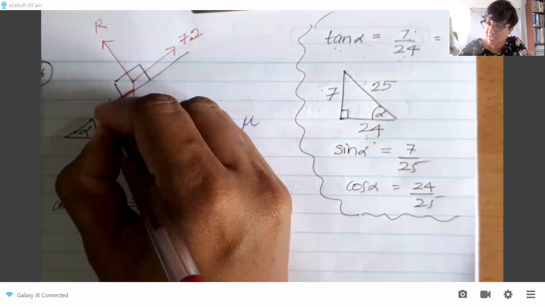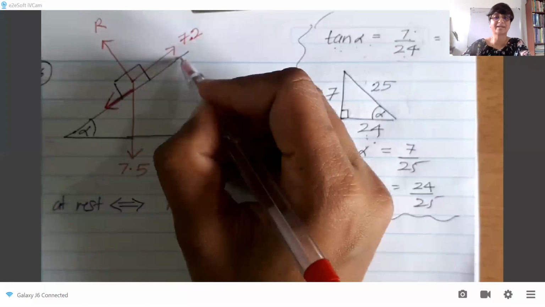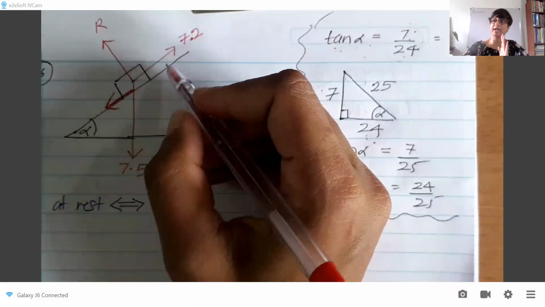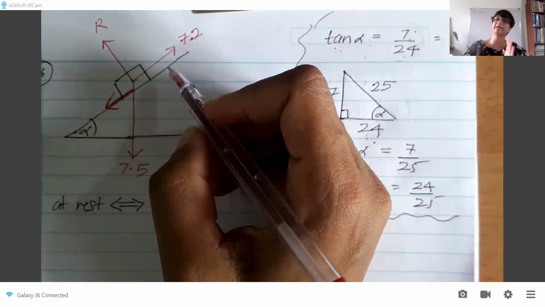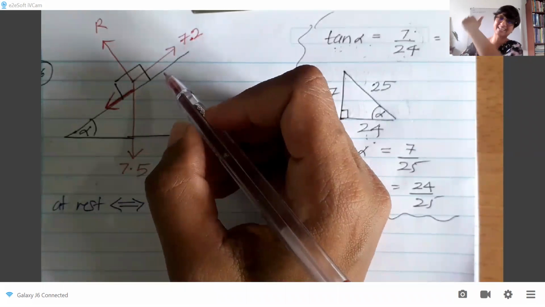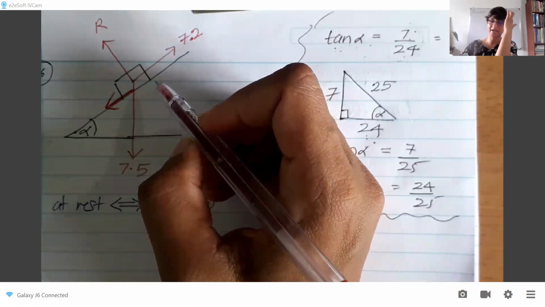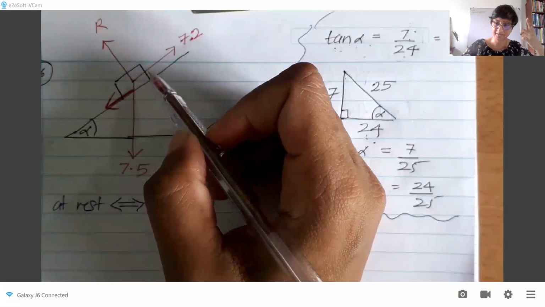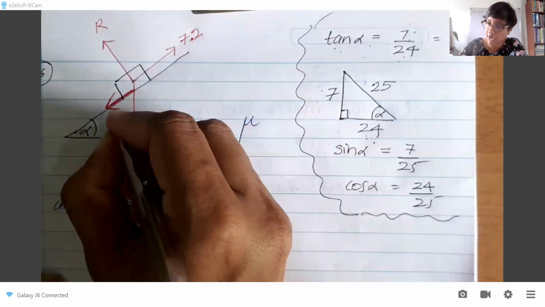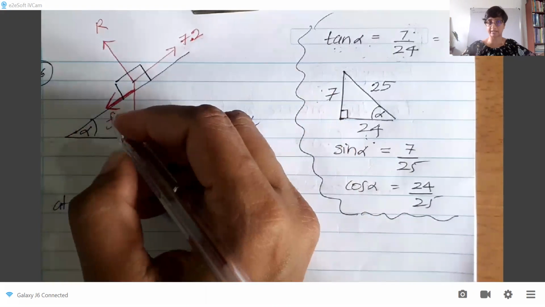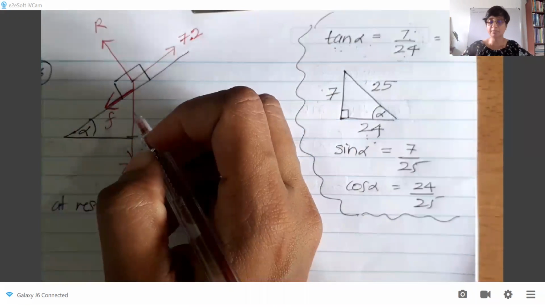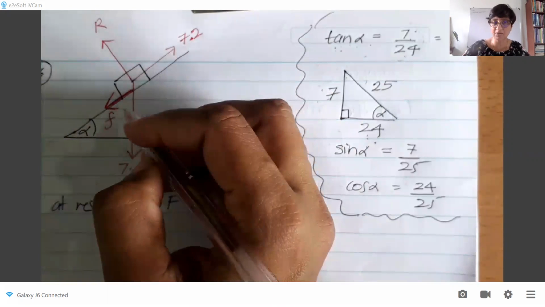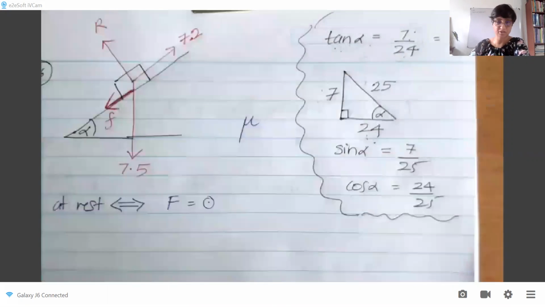Friction can't still be acting upwards, because while it was acting upwards, you came and started to apply an additional force upwards. Immediately, friction will start acting down to prevent it from moving up. Okay, so there is friction acting downwards, and it is not F max. Why? Because it's not moving, and it is not at the point of limiting equilibrium.